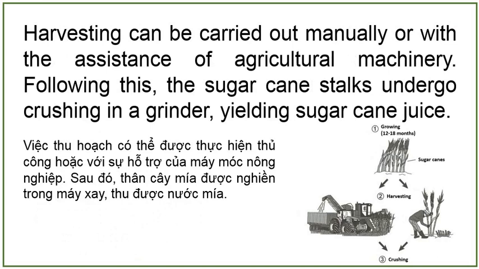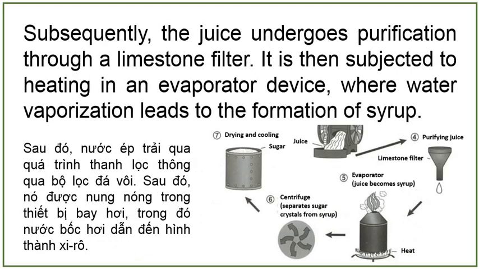Harvesting can be carried out manually or with the assistance of agricultural machinery. Following this, the sugarcane stalks undergo crushing in a grinder, yielding sugarcane juice. Subsequently, the juice undergoes purification through a limestone filter. It is then subjected to heating in an evaporator device, where water vaporization leads to the formation of syrup.